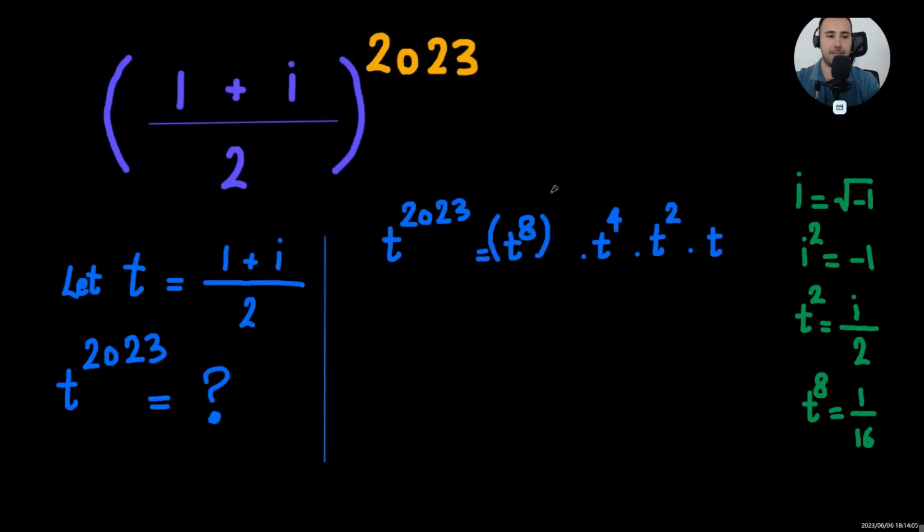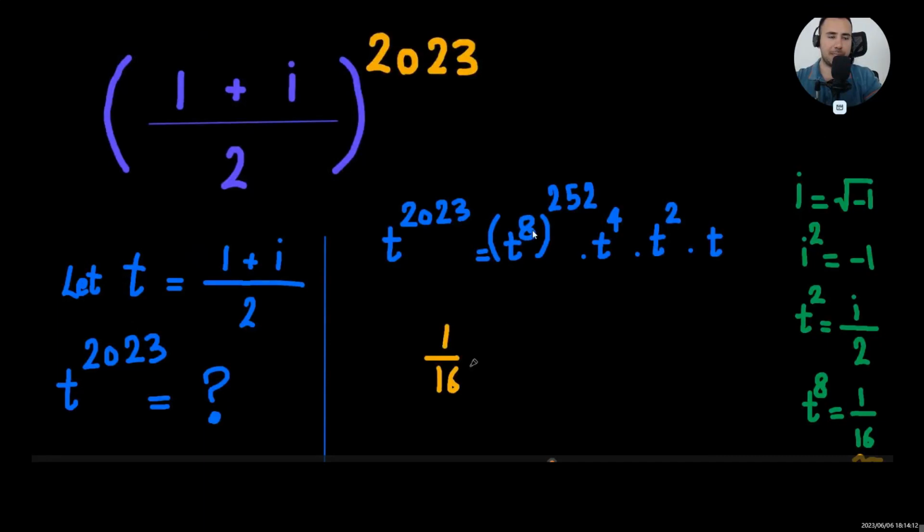Now let's plug in the values. This is going to be 1 over 16 to the power of 252, which is still not very helpful, right? So instead of that, let's write 1 over 16 as 4 to the power of -2.